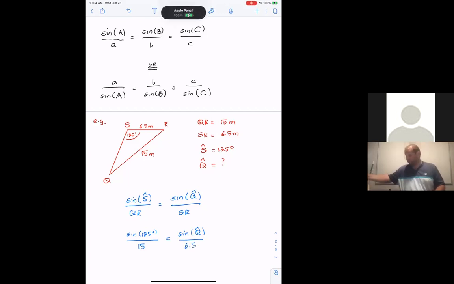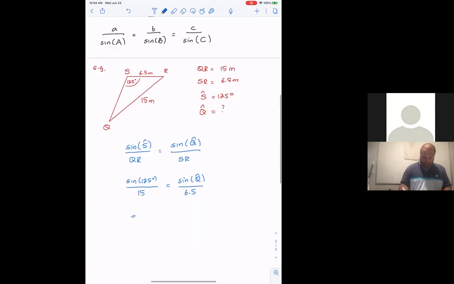Again, units are suppressed. So now we take out a calculator. This can usually only be done with a calculator unless the angles are one of the nice angles. You need a calculator to use the law of sines or the law of cosines. So make sure your calculator's in degree mode. Sine of 125 divided by 15 times 6.5. So what we get is that sine of Q hat is approximately 0.355.